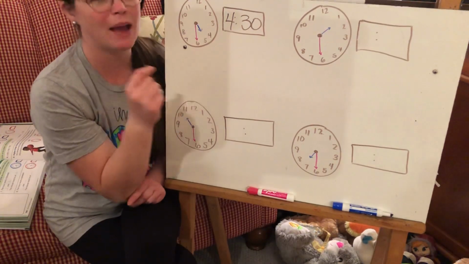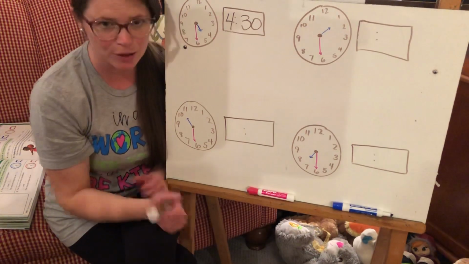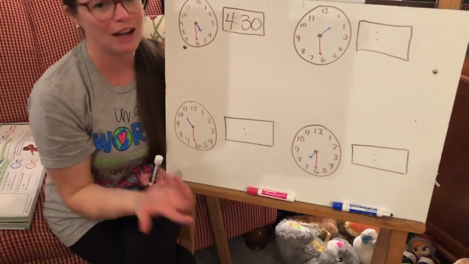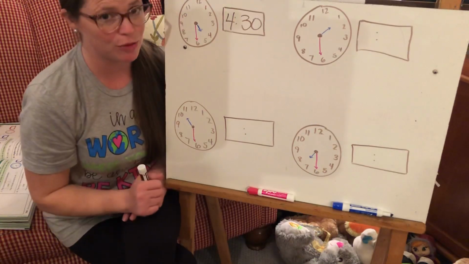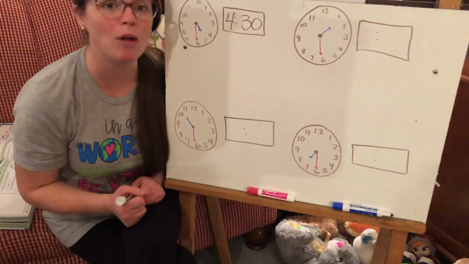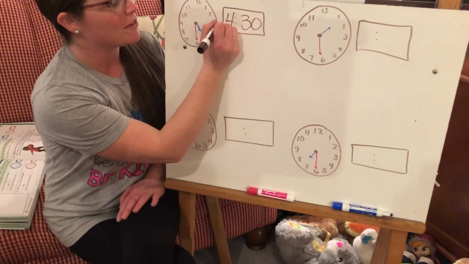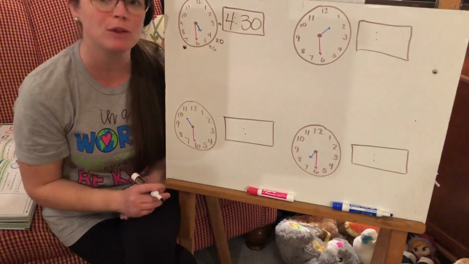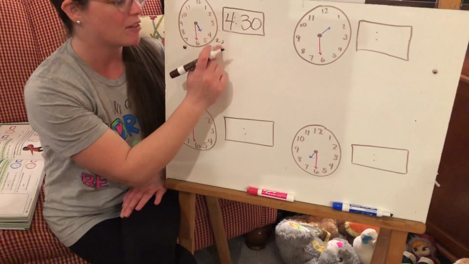You may have noticed on my clock in our classroom, I have little frogs that are all around it. I wish I had a picture of it, but I don't. You may have noticed those frogs at some point this year and wondered what they meant. Well, they're little helpers for you. So this one here will say 15. This one over here will say 20. This one will say 25 to help you remember what those numbers stand for.